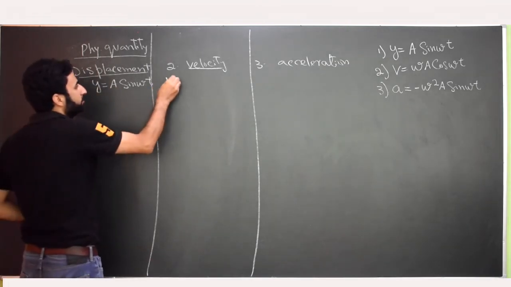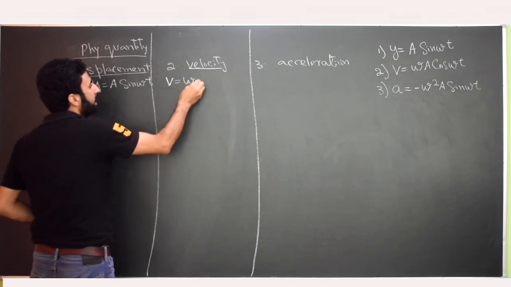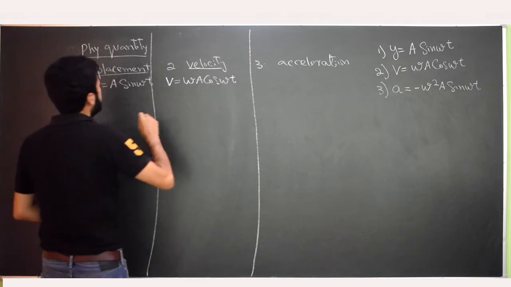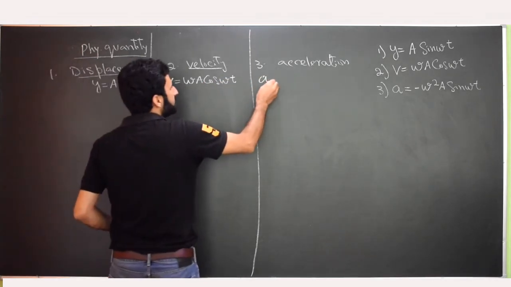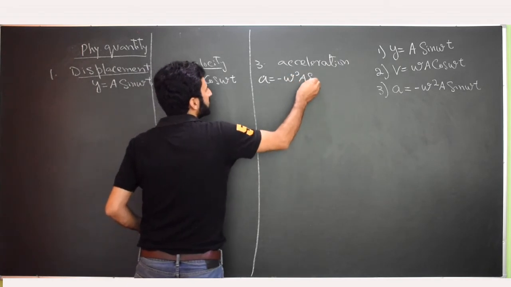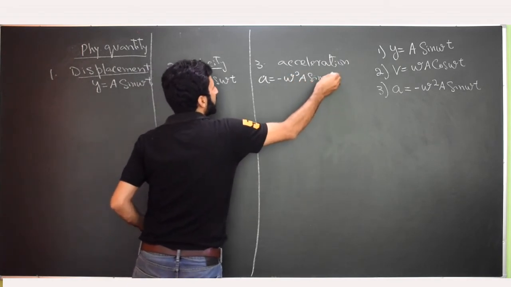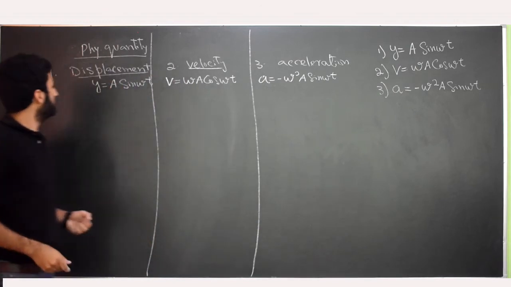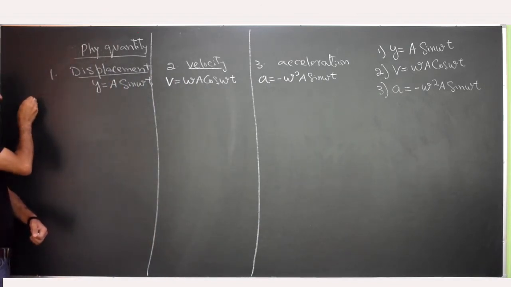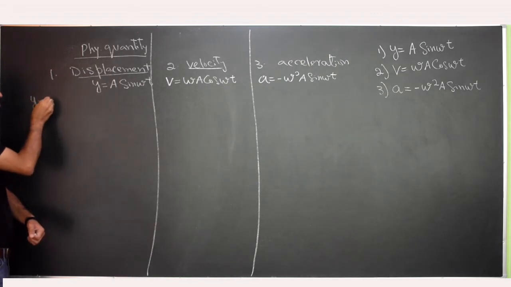In case of velocity, we have v is equal to omega A cos of omega t. And in case of acceleration, we have a is equal to minus omega square A sine of omega t.